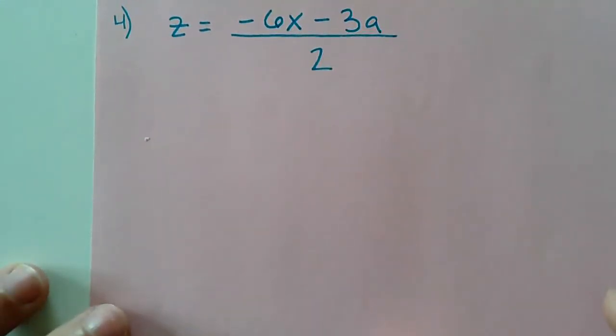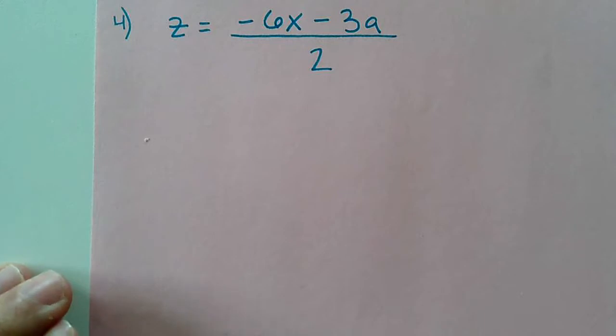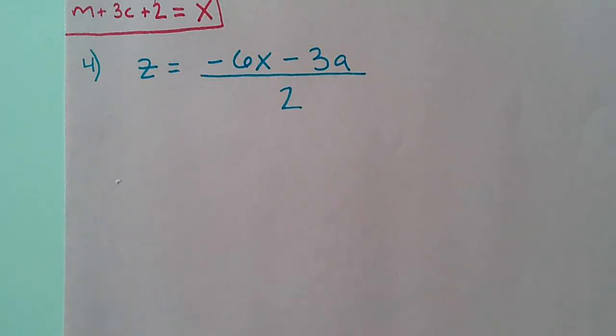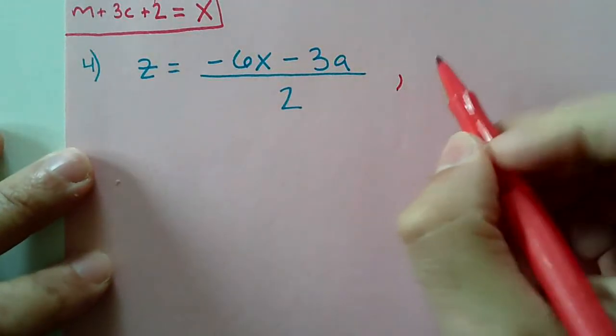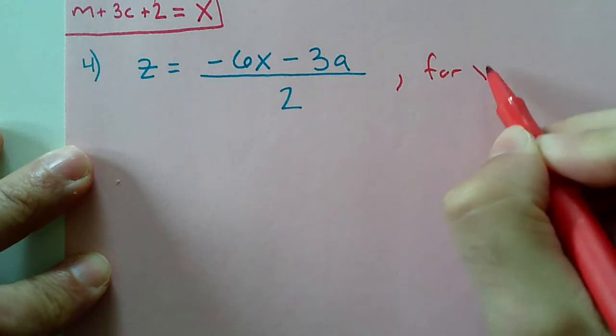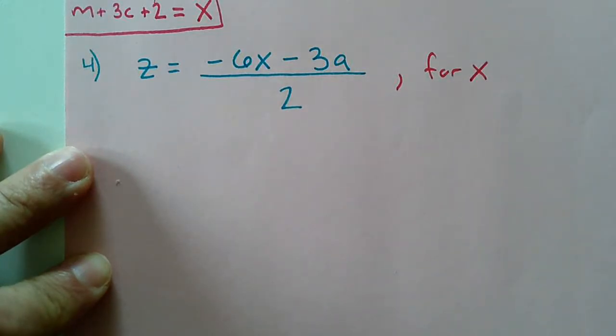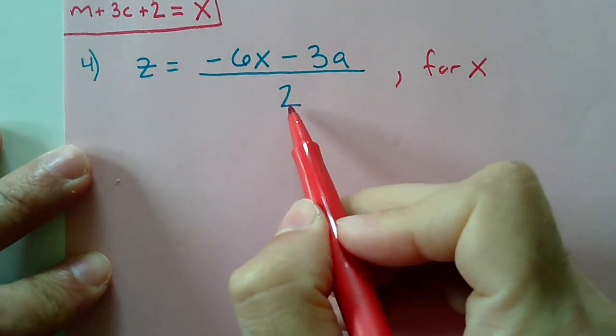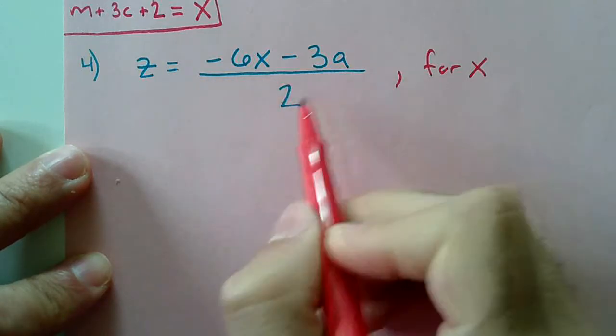Number four, z equals negative 6x minus 3a, divided by 2. Now, we can't solve this as it sits because it doesn't tell us what to solve it for. So let's pick a variable. Let's solve for x again. If we aren't told what to solve for, we can't do anything with it. First we have to undo this dividing by 2.